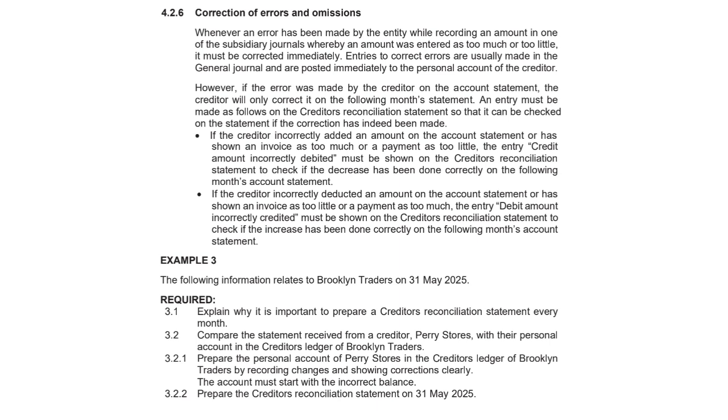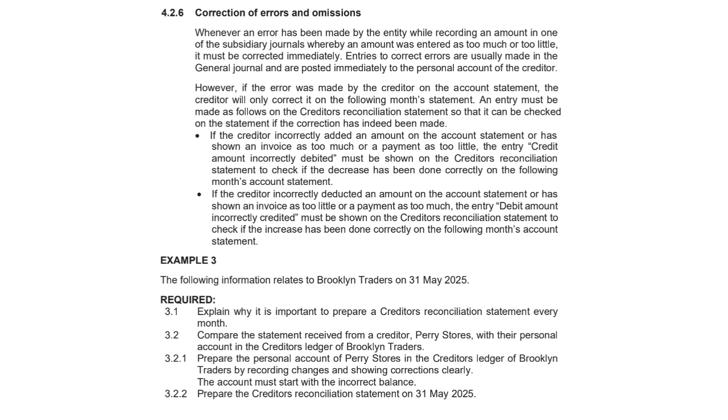Example 3. The following information relates to Brooklyn Traders on 31 May 2025. Required 3.1. Explain why it is important to prepare a creditor's reconciliation statement every month. 3.2. Compare the statement received from a creditor, Perry Stores, with a personal account in the creditor's ledger of Brooklyn Traders. 3.2.1.